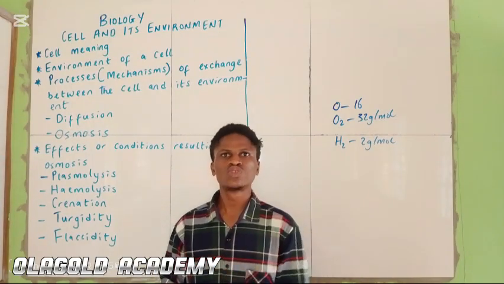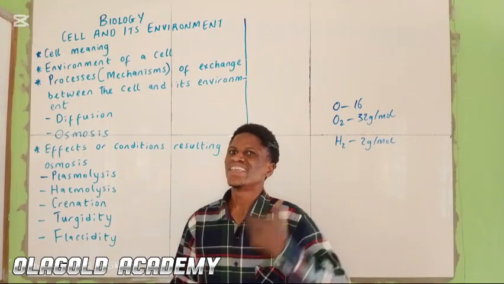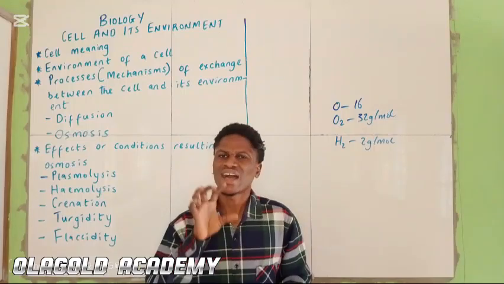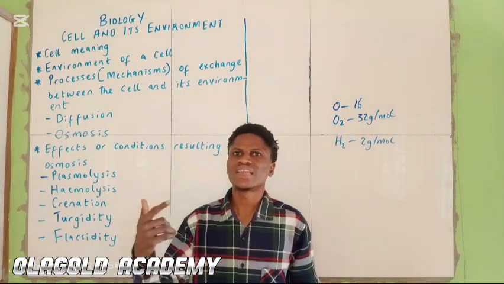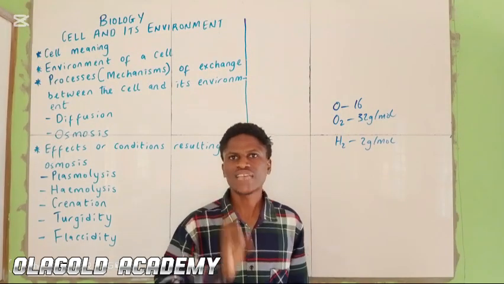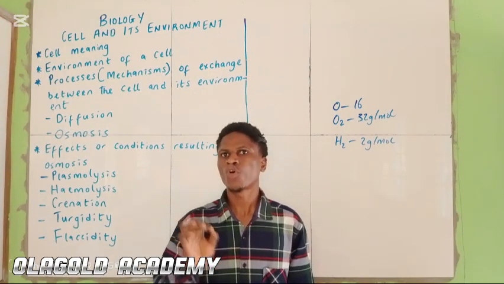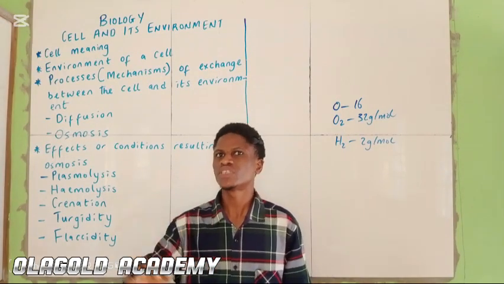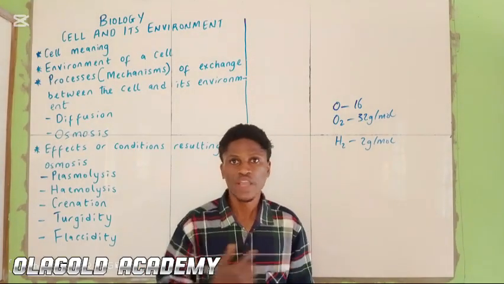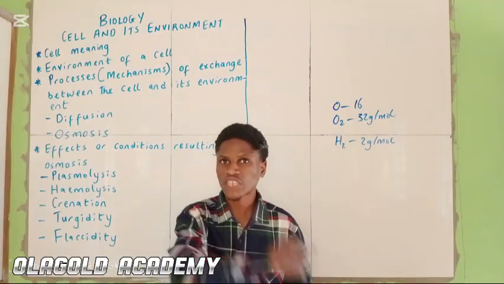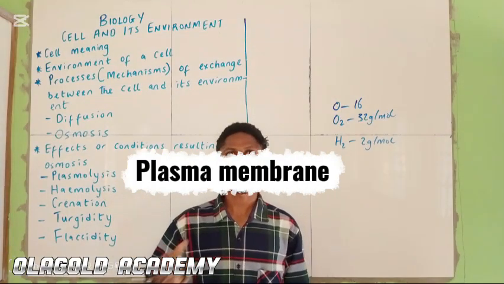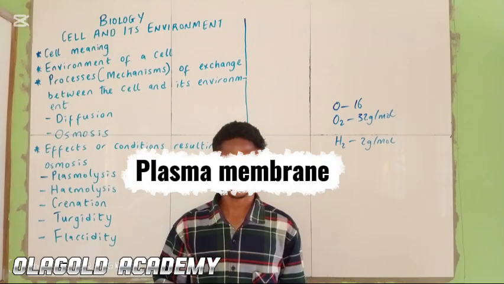Now the third one, we have a semi-permeable or selectively permeable membrane. It means those ones select what can enter into it and what can go out through it. An example of a semi-permeable membrane or a selectively permeable membrane is our cell membrane. The cell membrane can also be referred to as the nuclear membrane.